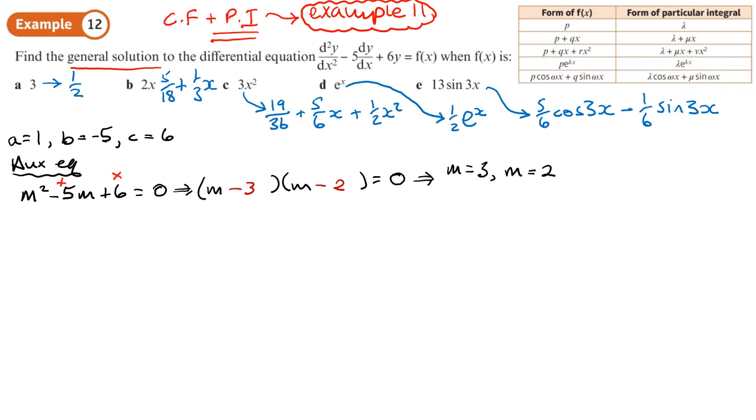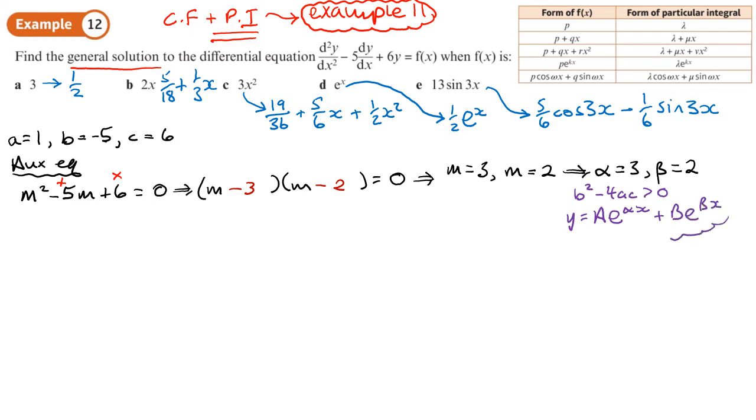So you might need to look back at the table to remind yourself how to do it, but if you do, you'll remember that these are going to be the two roots, alpha and beta, 3 and 2, and the form of this equation when you've got two roots, basically when b squared minus 4ac is greater than 0, is y equals a e to the alpha x plus b e to the beta x.